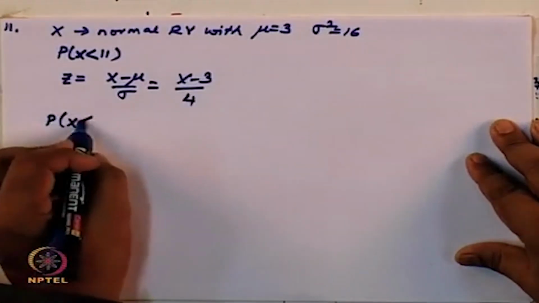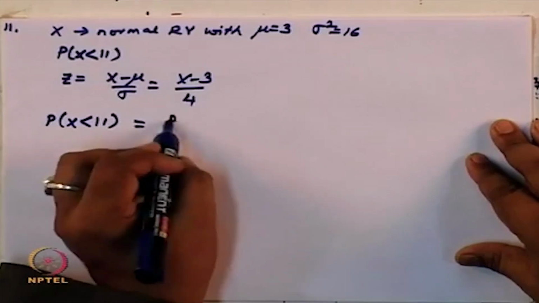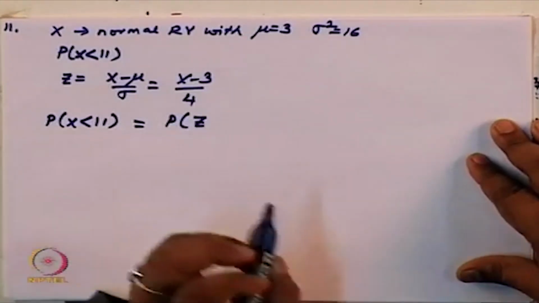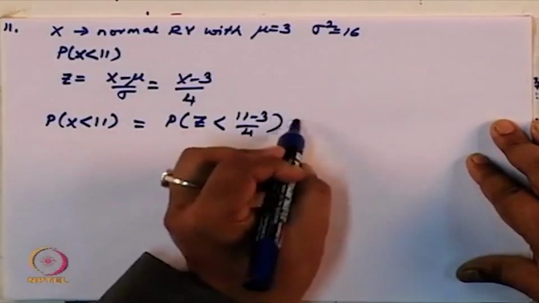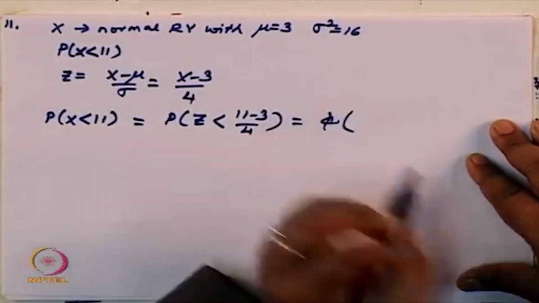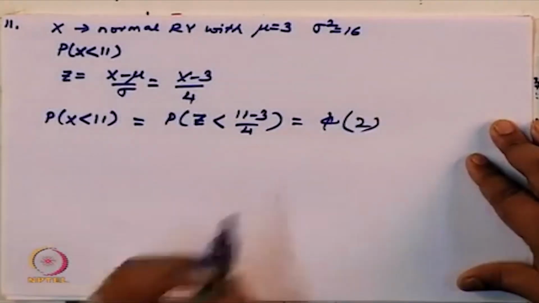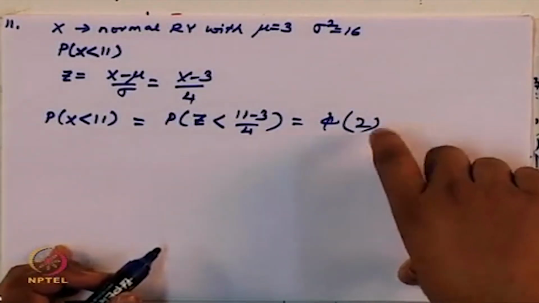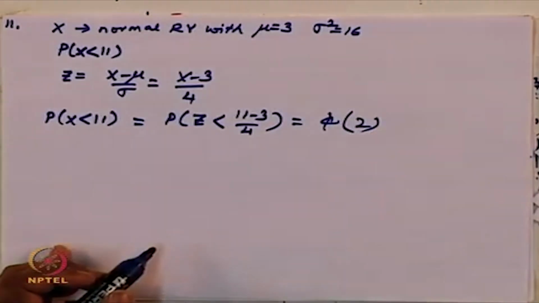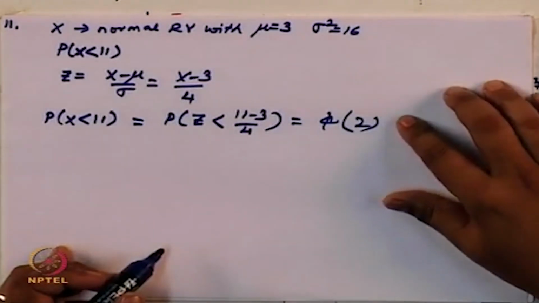So, the probability of x less than 11 is nothing but the probability of z less than (11 minus 3) by 4, which is equal to phi of 2. You can find out the value just by looking up the table.